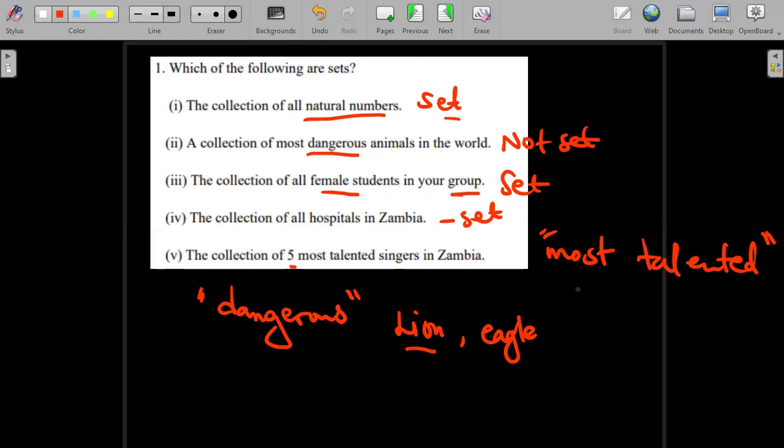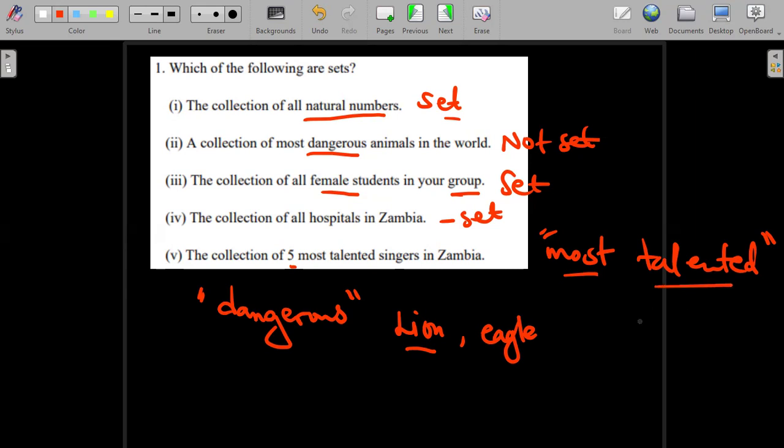So how am I going to know if he's going to be in that set or not? Others might feel no, Chile one is the most talented. So how am I going to draw up this list? It's not that well defined because we don't know the criteria of choosing most talented.